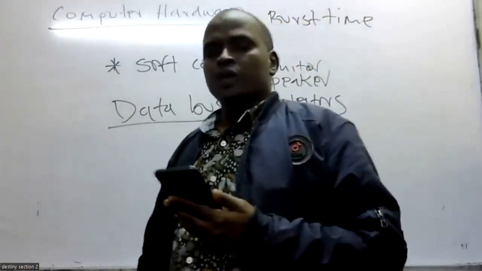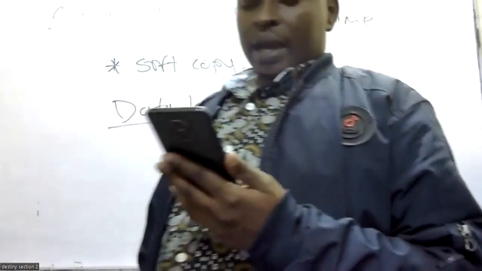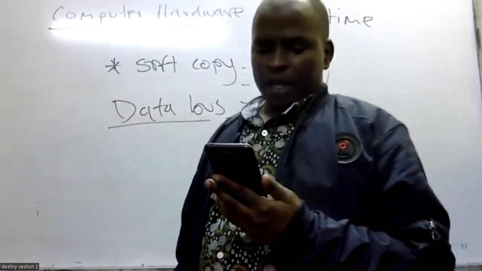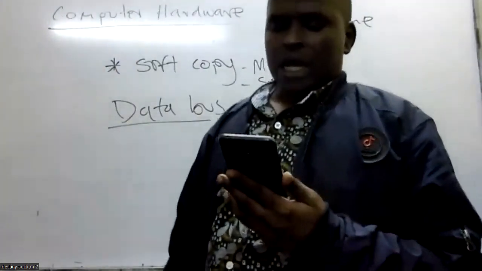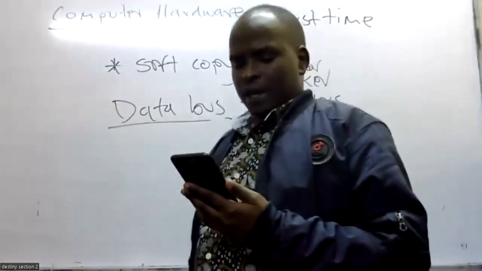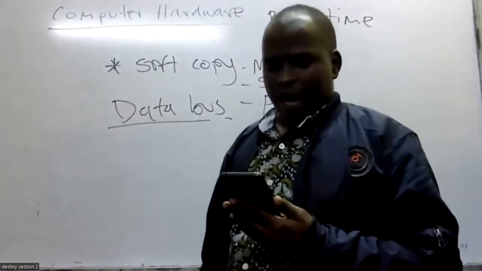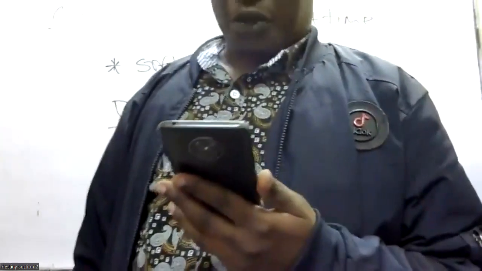The control unit, the arithmetic logic unit, and the main memory unit are linked by the following three pathways.